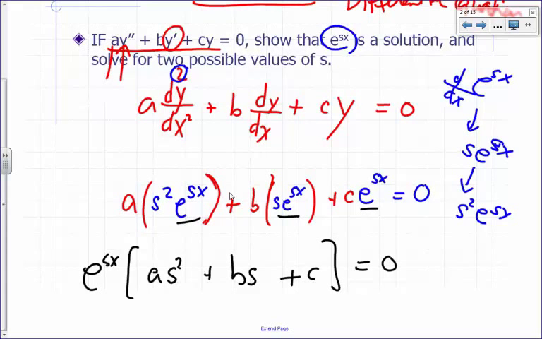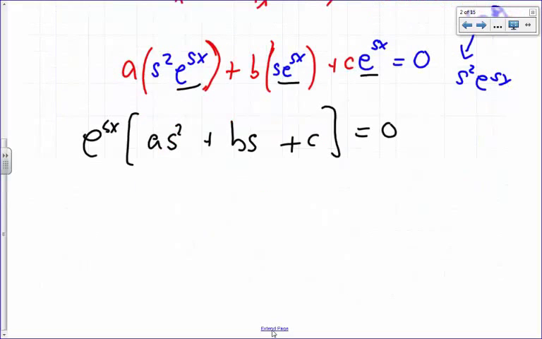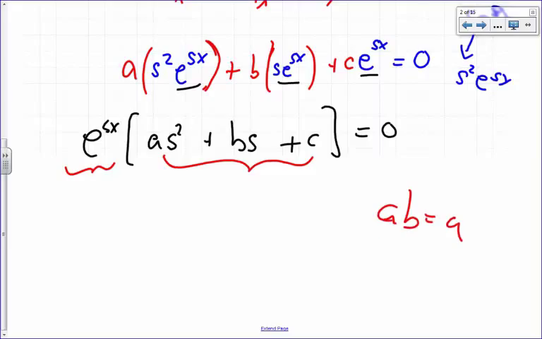So it's going to be a solution if there is an s that would satisfy this. When a product of two things equals 0, either the first is 0, or the second is 0, or both are 0. Since x is a variable, e to the sx is not going to be equal to 0.